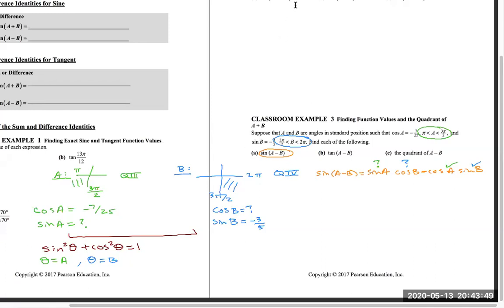Let me just do this part in a separate share. So I'll share my whiteboard with you. Okay, so this is for classroom example 3, section 5.4.